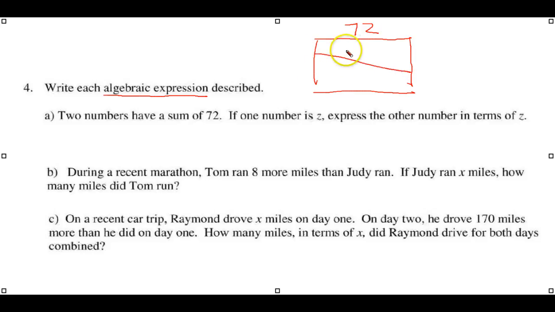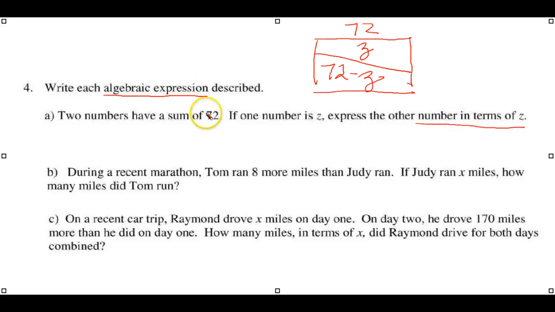Well, we could say one part is Z. What would the other part be? Well, if the total is 72, it would be 72 minus Z. And that's the other number in terms of Z.